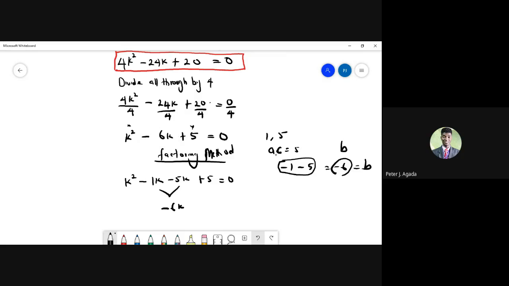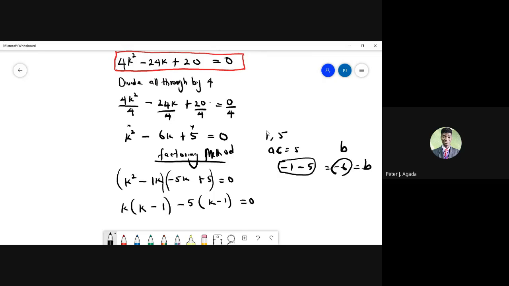I'll just remove this so I can go ahead and solve my quadratic equation. As you factor out, you realize that we can have k here being factored out, and we can have k minus 1, and we can have -5 here, and we can have k minus 1, all equals to 0.